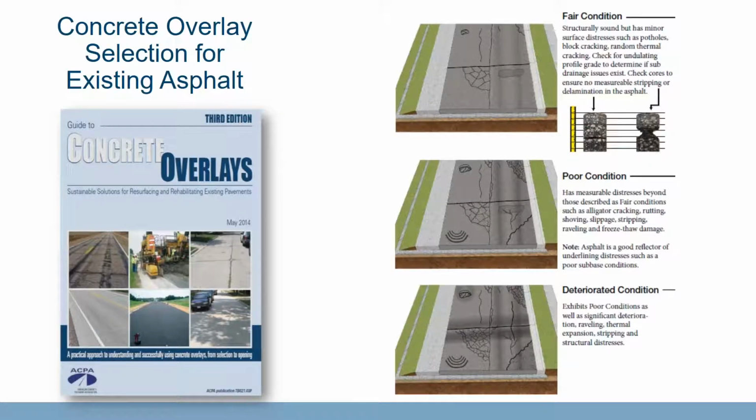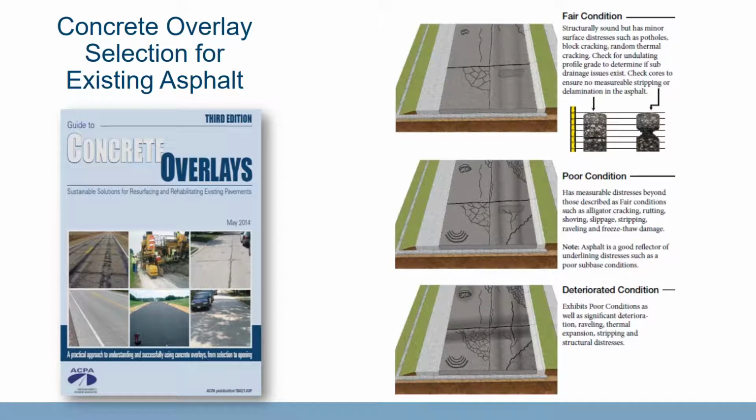Now I'd like to walk through just the condition things, some of the selection aids that are involved in the guide, just to give you a feel for how you might utilize that. Again, we're going to look first at the overlay selection for existing asphalt pavements, recognizing that we have fair condition pavements.